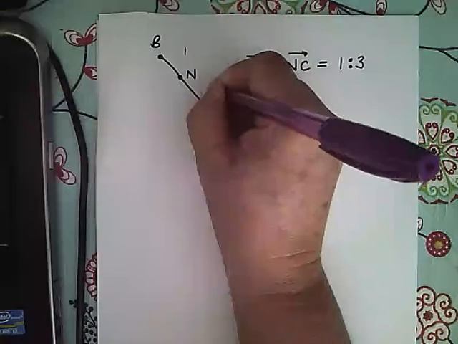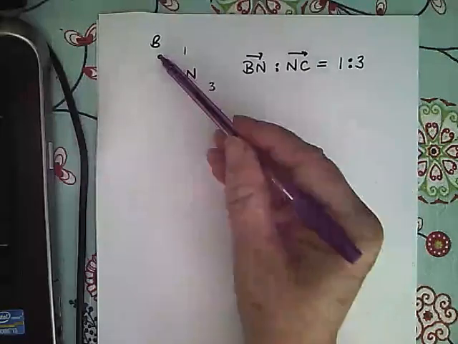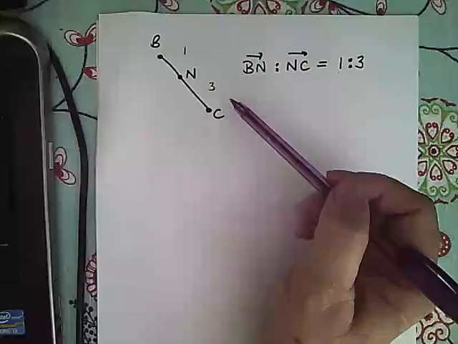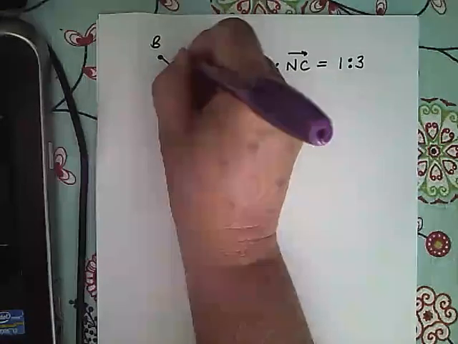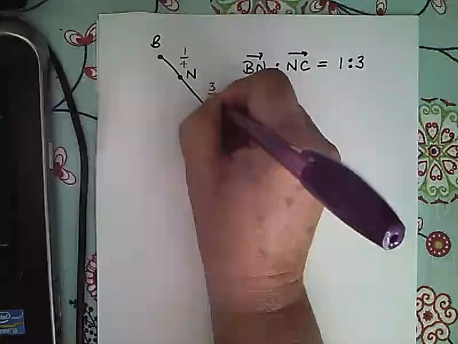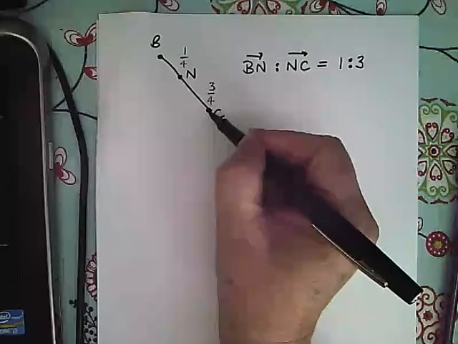And you can see that if they're in the ratio 1 to 3, that total distance must be worth 4 units of whatever they've divided it up into. So in actual fact, this is a quarter and this is 3/4 of the whole distance BC.